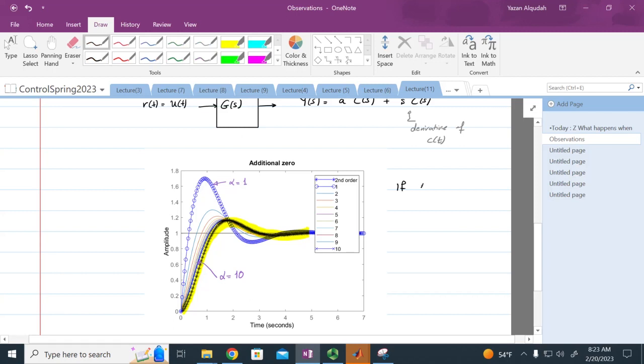So looking at this graph, if alpha or A, we called it A, sorry, A equal to 1, A equal to 10. When A is large, we can approximate the response as follows. Y of s is going to approximately equal A multiplied by C of s, and therefore y of t is going to approximately equal A multiplied by C of t.